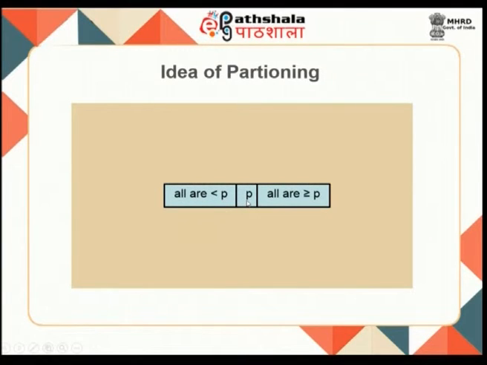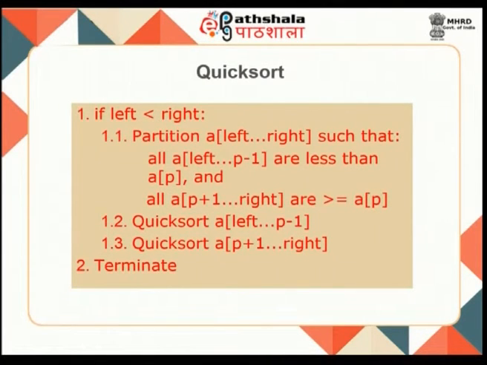So, we have to find the pivotal element P, and on the left hand side all the elements should be lesser than your pivotal element, and on the right hand side all the elements should be greater than your pivotal element. This is the idea. How to partition? This is the most important question, and once we have a method for partitioning, the quicksort algorithm becomes very easy.